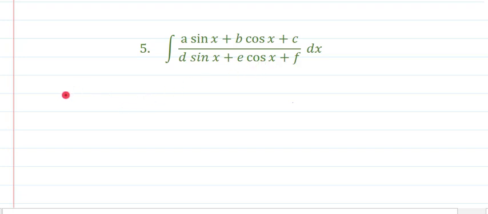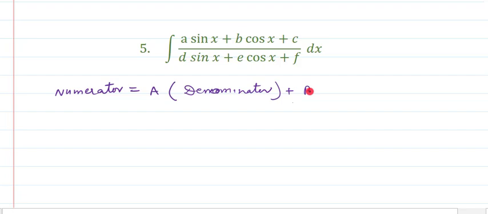So what to do? Here the first step will be, we'll put numerator is equal to a into denominator plus b into d by dx of denominator and plus c over here in addition to the fourth part.